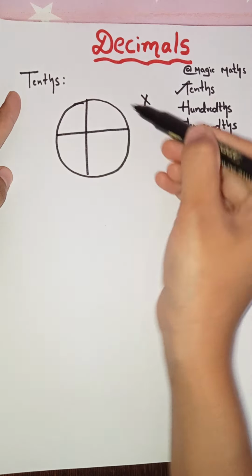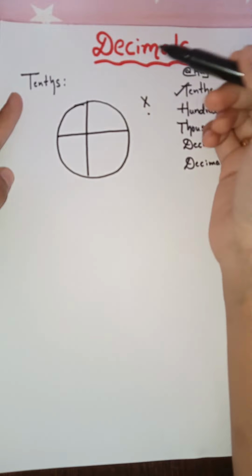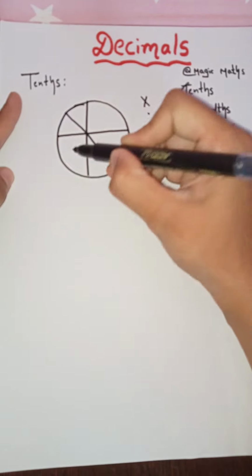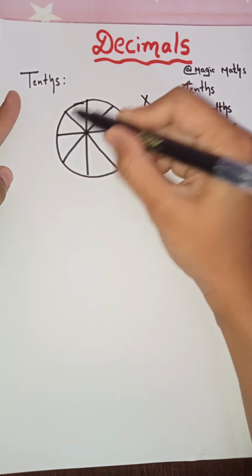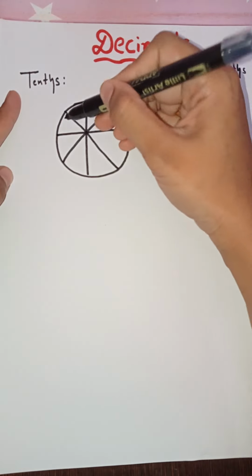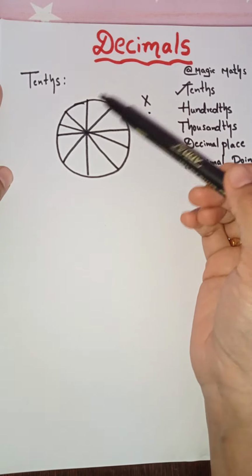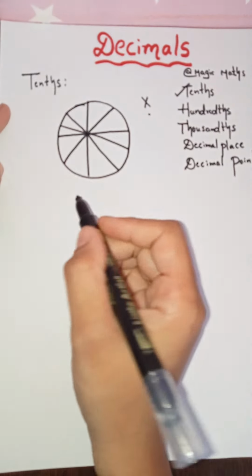So each part of this whole pizza is 1/10 of the whole pizza. Each part is 1/10.